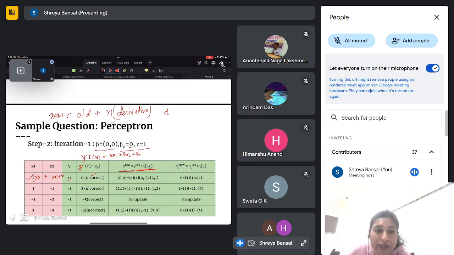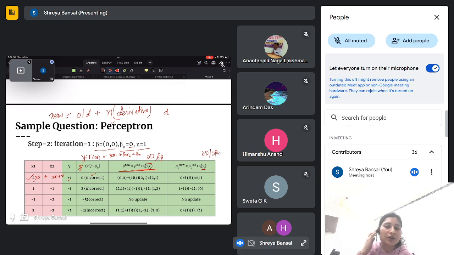So if you want to find new beta, then derivative with respect to beta. If you want to find new beta naught, then derivative with respect to beta naught. Is that clear? So that's why I have written here beta new is equal to beta old plus eta. This is your d by d beta, and this is your d by d beta naught.